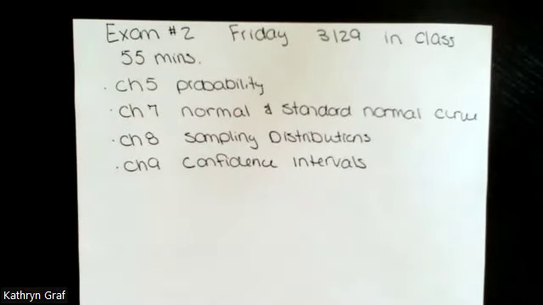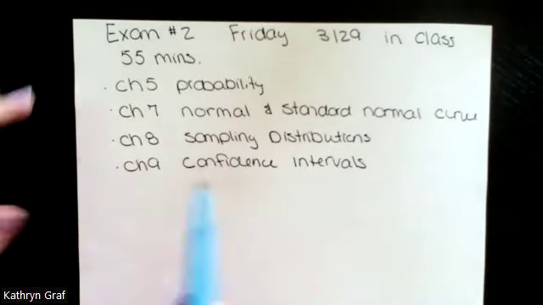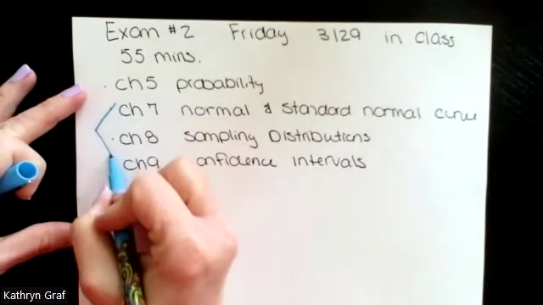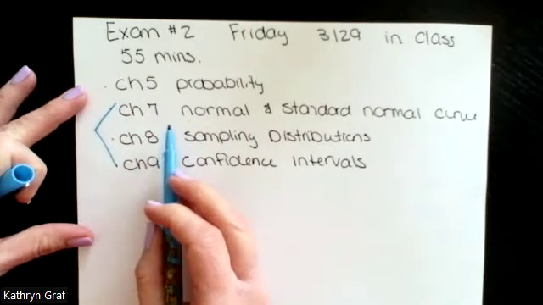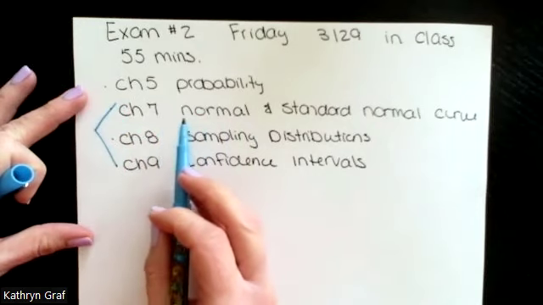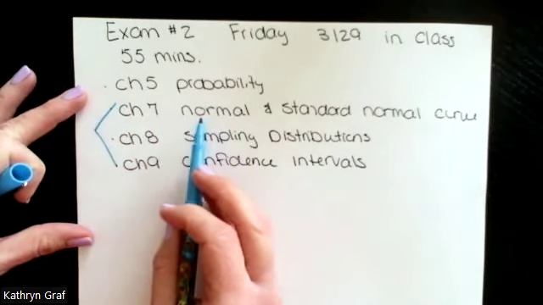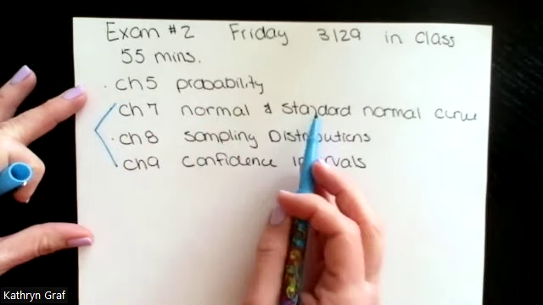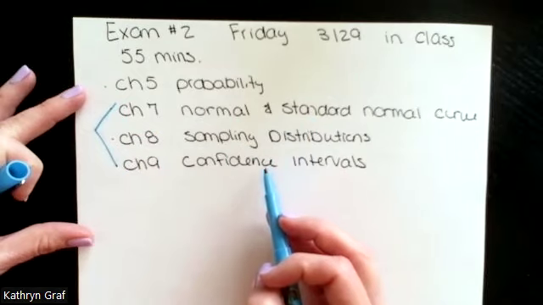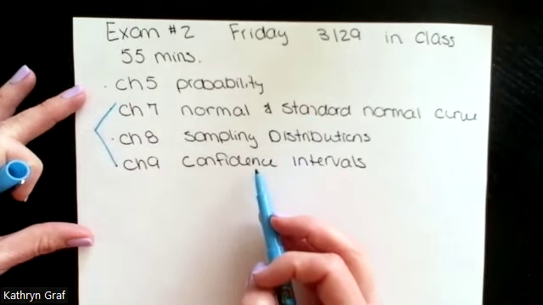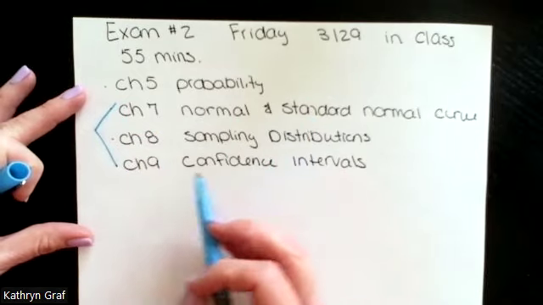You should recognize that these last three chapters are all so similar. We use the same Minitab feature, that graphing feature for the normal, standard normal, and sampling distributions. And then if we're calculating a confidence interval by hand and need to find Z or T, we use that same feature there.